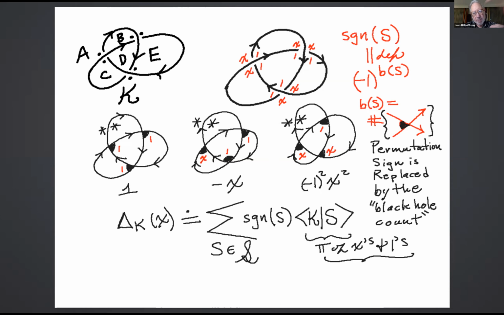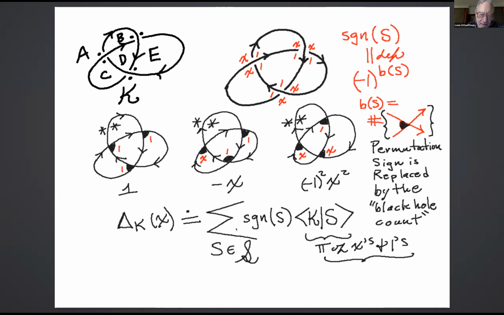So you count the parity of the number of black holes in the state, and that turns out to calculate a sign just as good in harmony with the sign that would come from the determinant. So one ends up with a formula for the Alexander polynomial, which is entirely described in terms of the combinatorics of the diagram and doesn't need the matrix anymore at all.